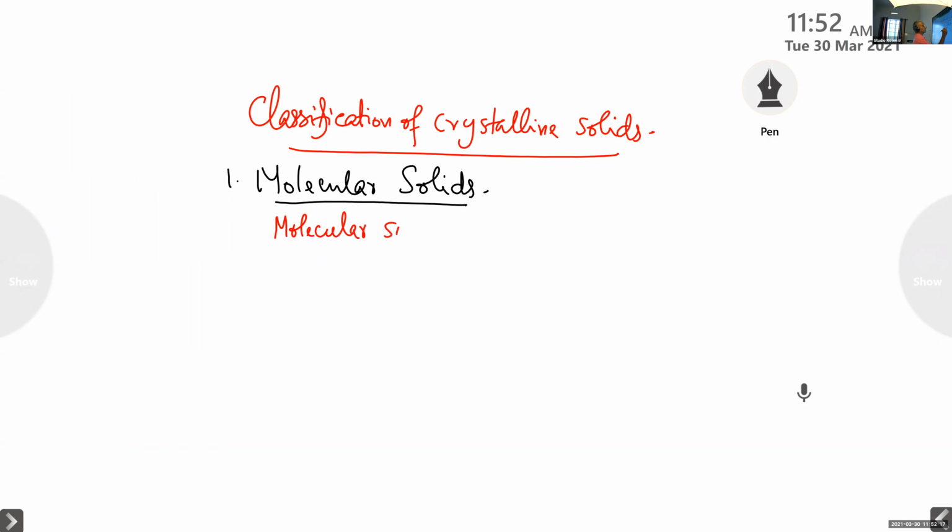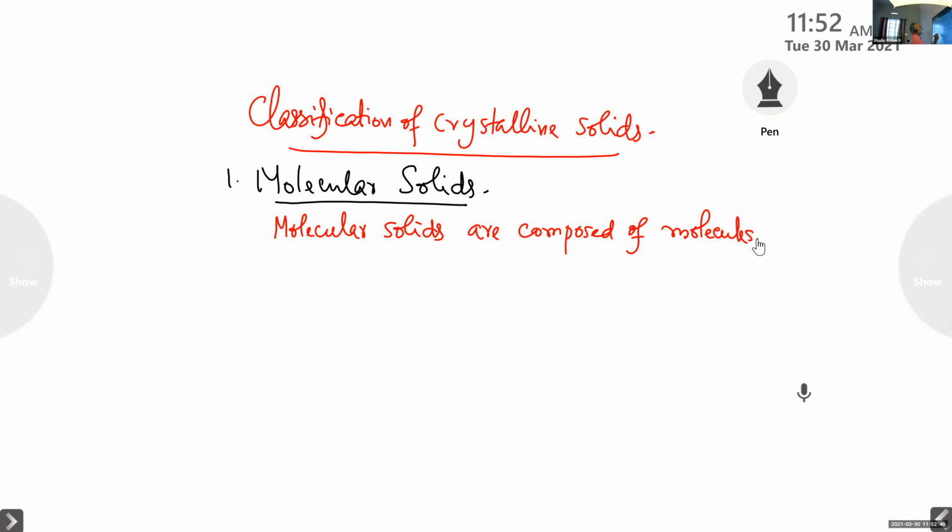Molecular solids are composed of molecules.